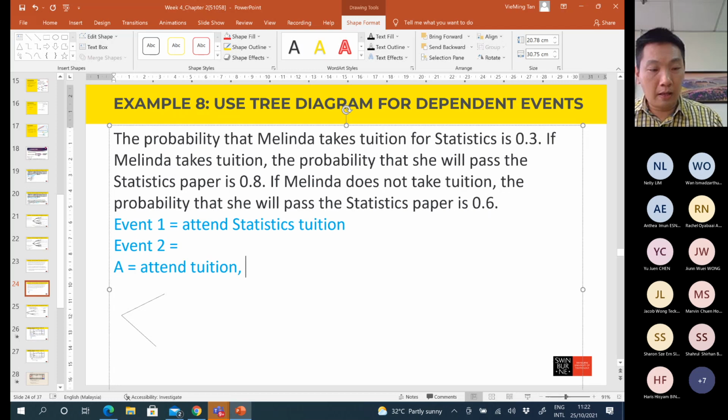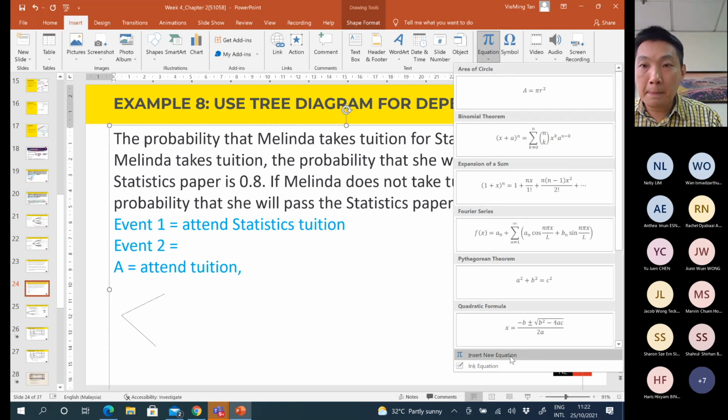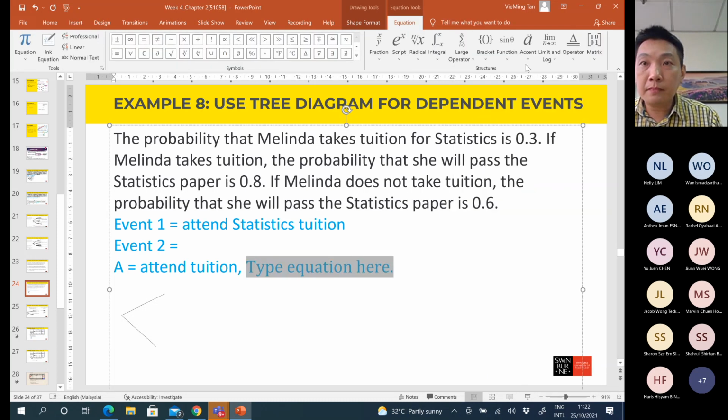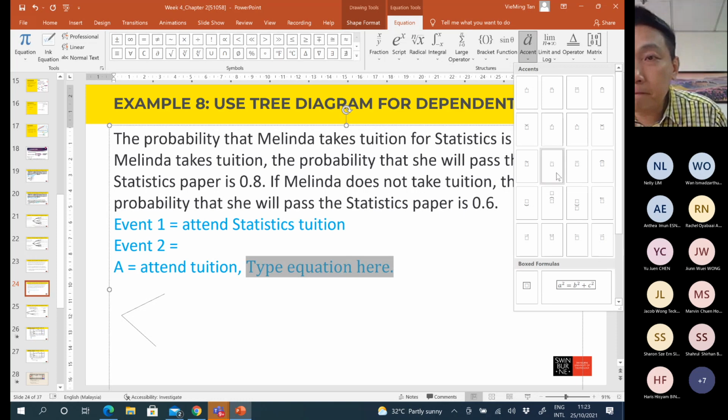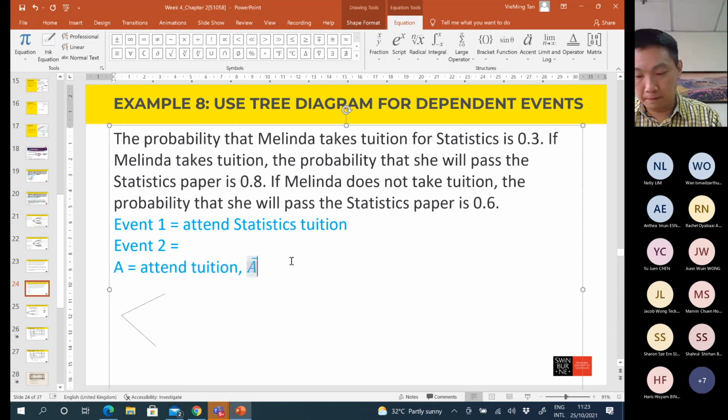If that's the case, that means A bar is not attend tuition. I use this symbol. Let's put not attend tuition.